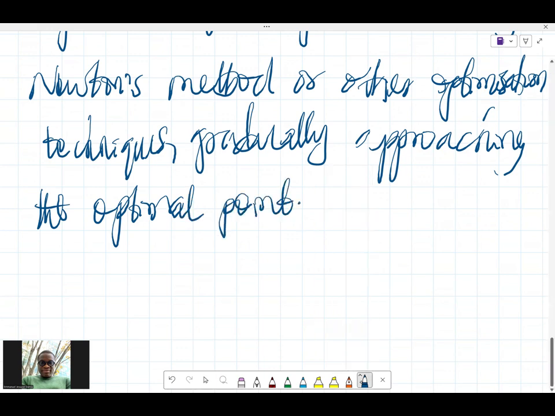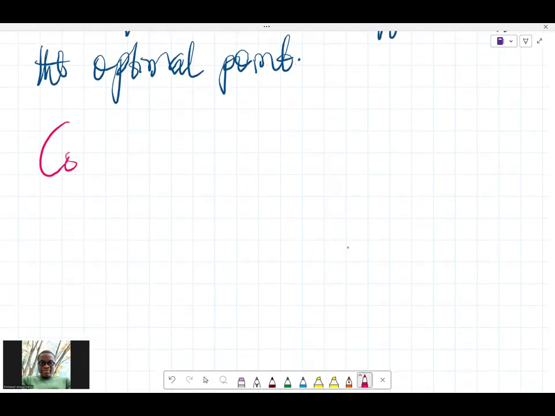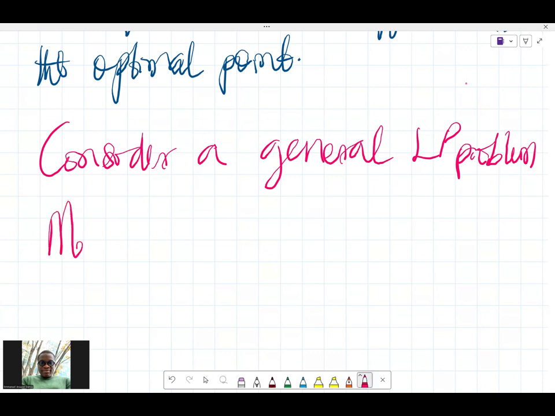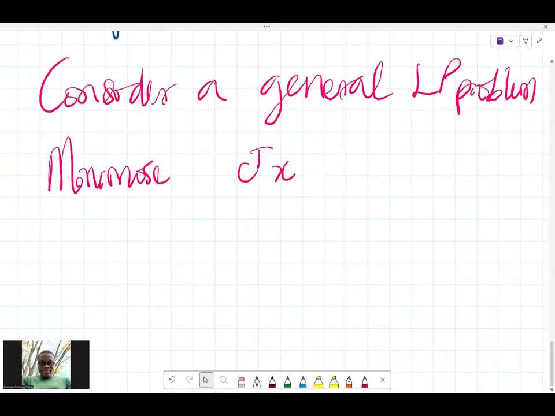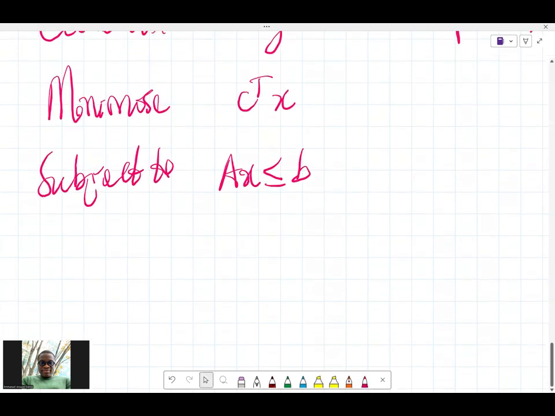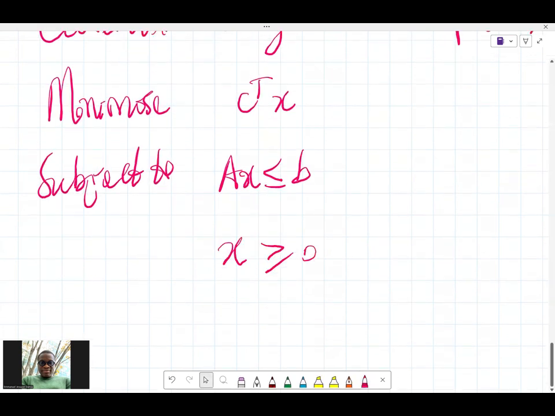Okay, in that situation, consider a general linear programming problem, which is to minimize c transpose x subject to Ax less than or equal to b, where x itself is greater than or equal to 0.